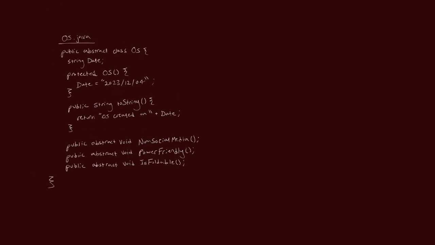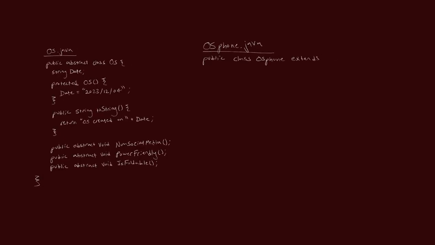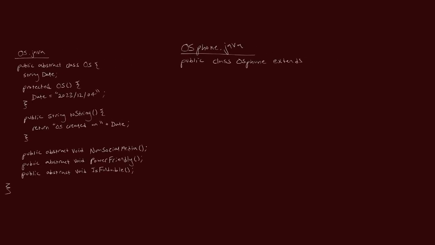Okay, another thing I have to say is that anything that extends this abstract class has to implement the methods that are inside it. So for example, if we have OS phone, so public class OSPhone extends OS.